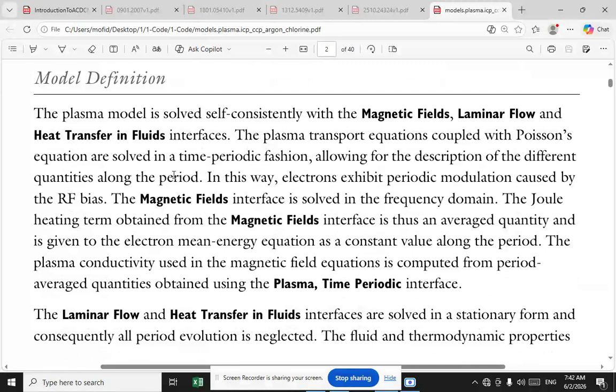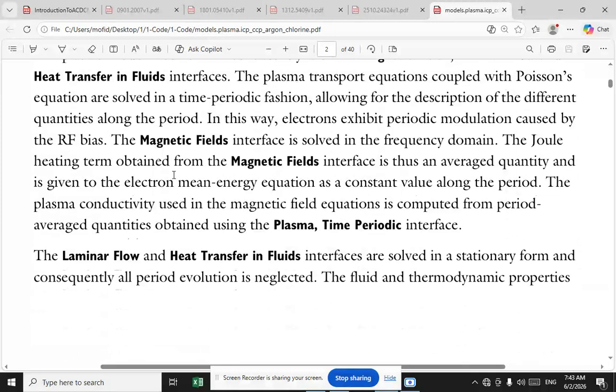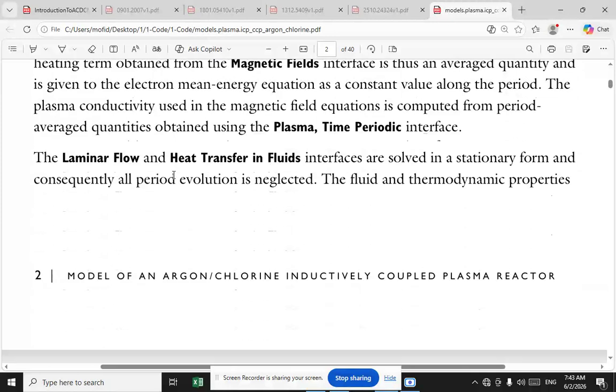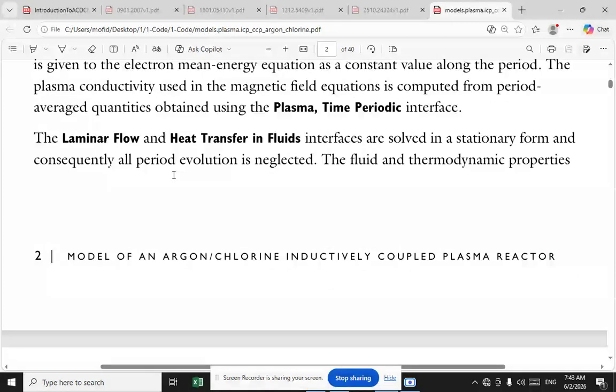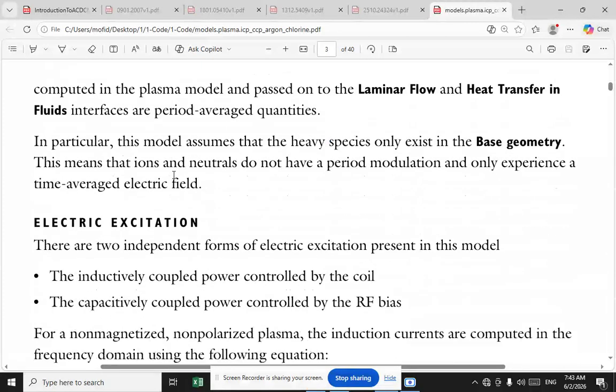The plasma conductivity used in the magnetic field equations is computed from the periodic average quantities obtained using the plasma time periodic interface. The laminar flow and heat transfer in fluids interfaces are solved in a stationary form, and consequently all parallel evolution is neglected. The fluid and thermodynamic properties computed in the plasma model and passed to the laminar flow and heat transfer in fluids interfaces are period average quantities.